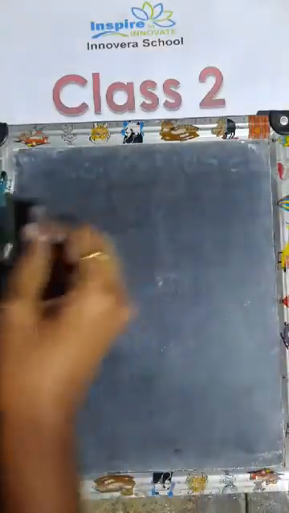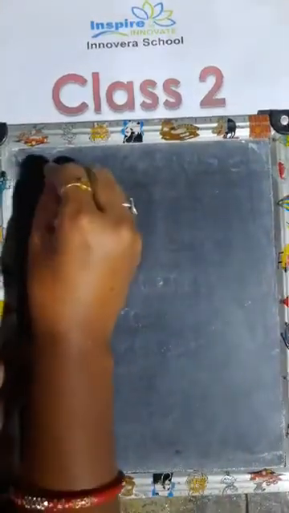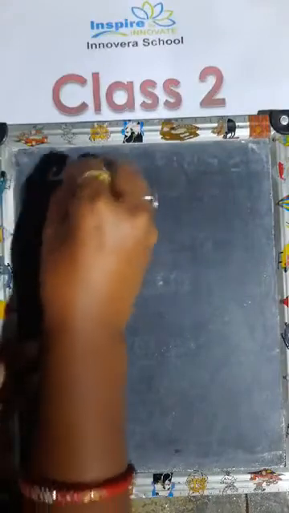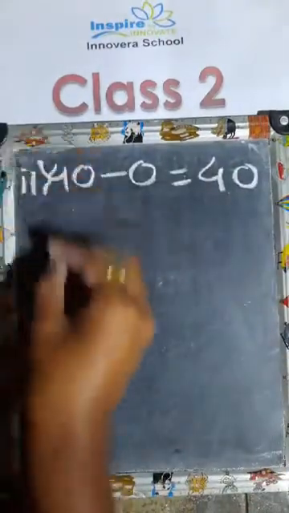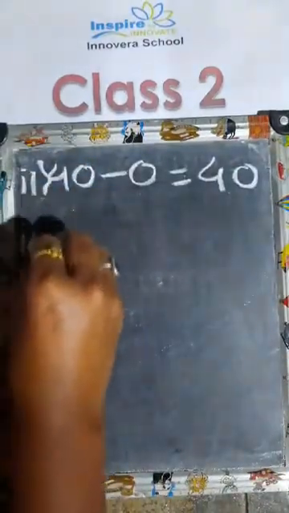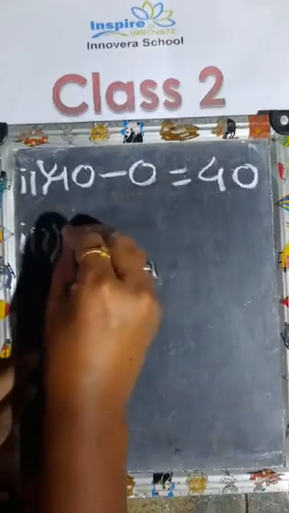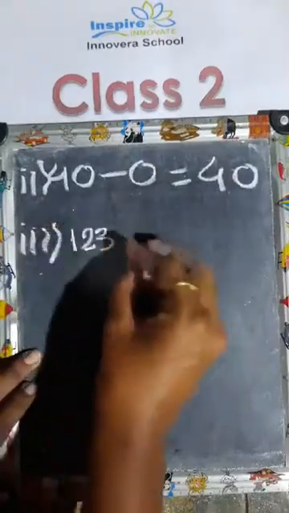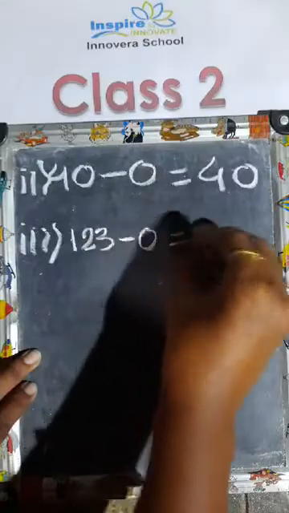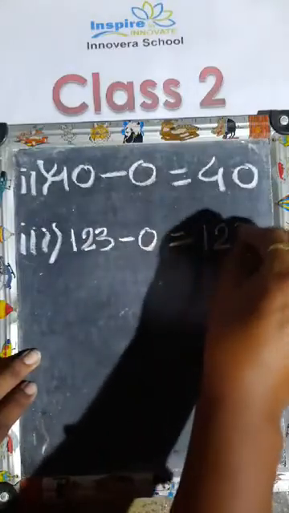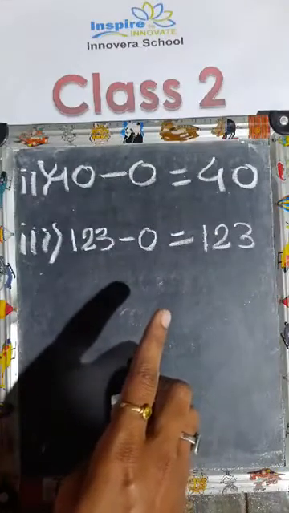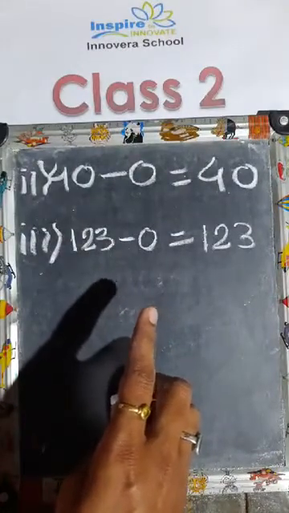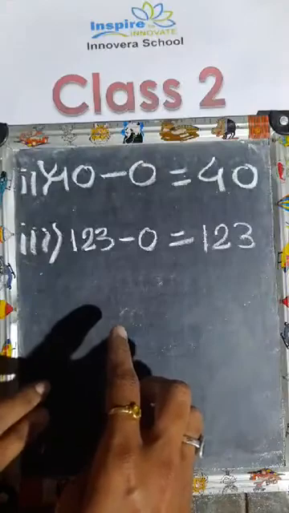Now I will show you a 2-digit number: 40 minus 0 is equal to 40. Now you can take a 3-digit number also: 123 minus 0 is equal to 123. You will get the same answer. So what is this property of 0?